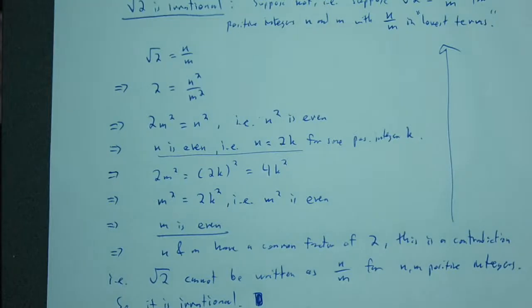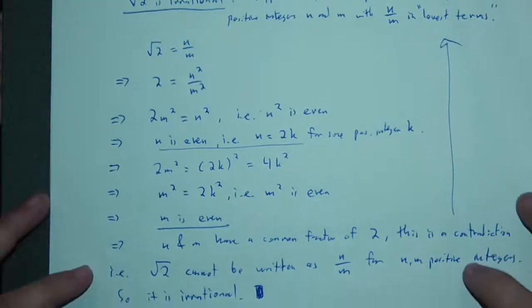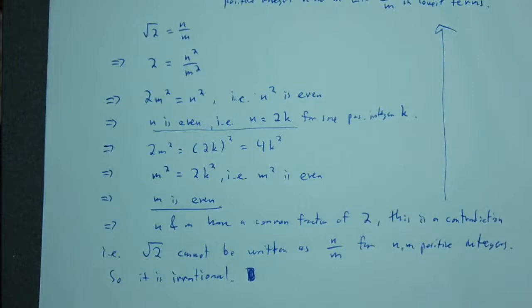Okay, so that should tell you that there's more than just the rational numbers in terms of what can be constructed.